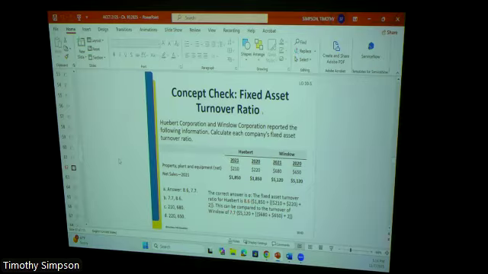Now, notice that when we talk about fixed assets, we're not talking about inventory here. So it's interesting that they use retailers, because as I mentioned a minute ago, a lot of the asset base is inventory. So it's kind of interesting that they used a merchandiser here.